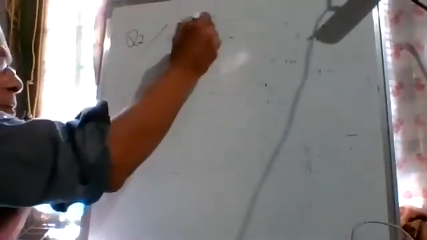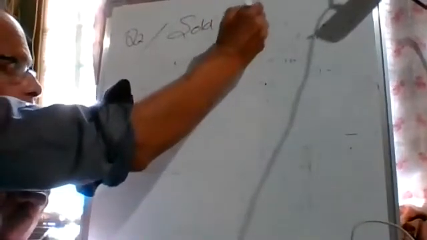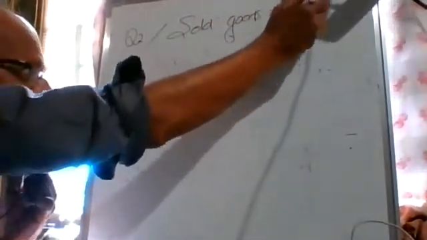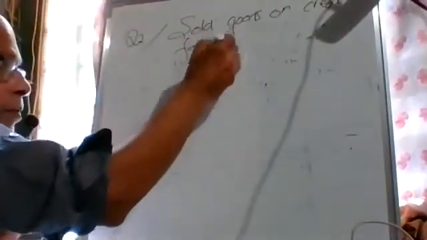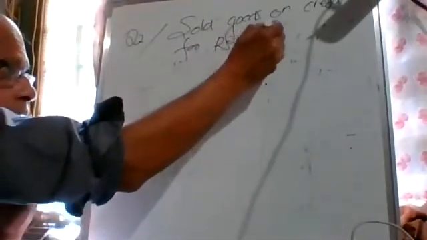Read the next question, children. Number 2. Sold goods on credit for rupees 15,000.